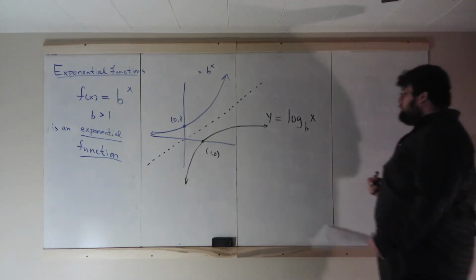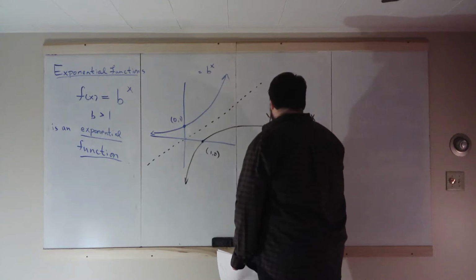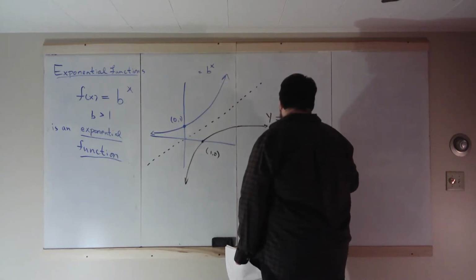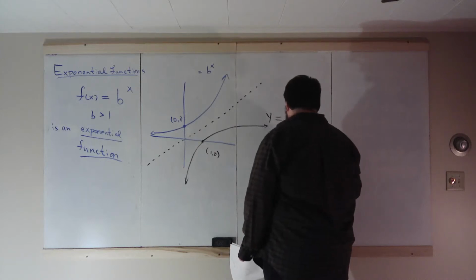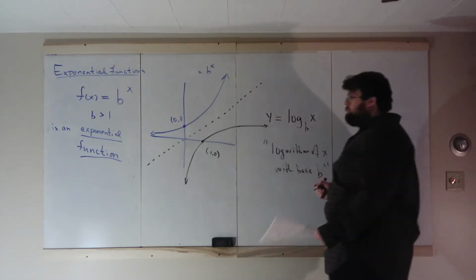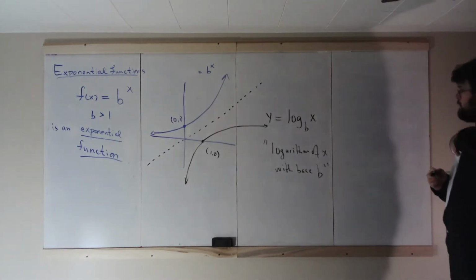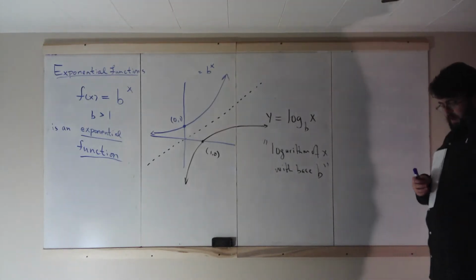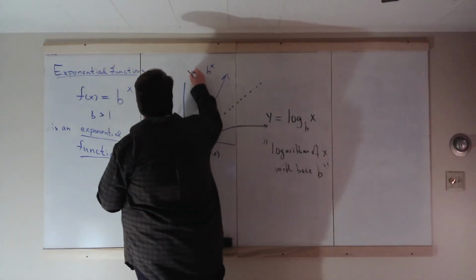Log is short for logarithm. So logarithm of x with base b, given exponential function b to the x. So right here, log of x with base b gives us an inverse for an exponential function.